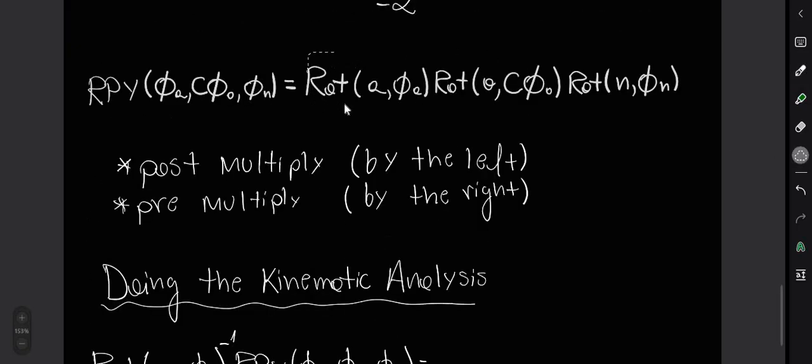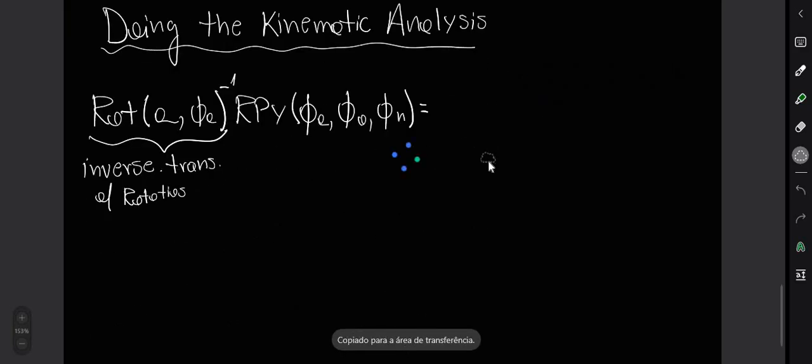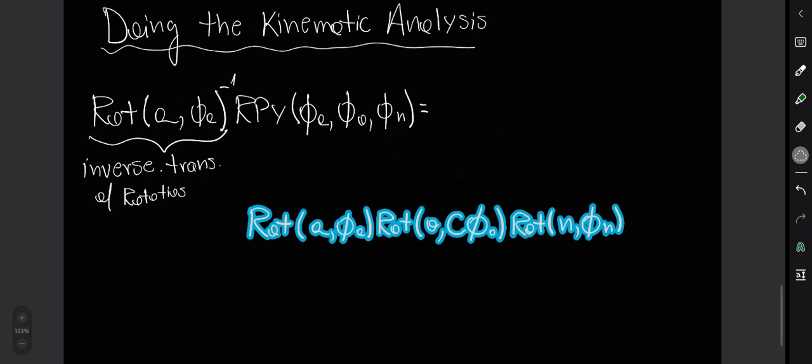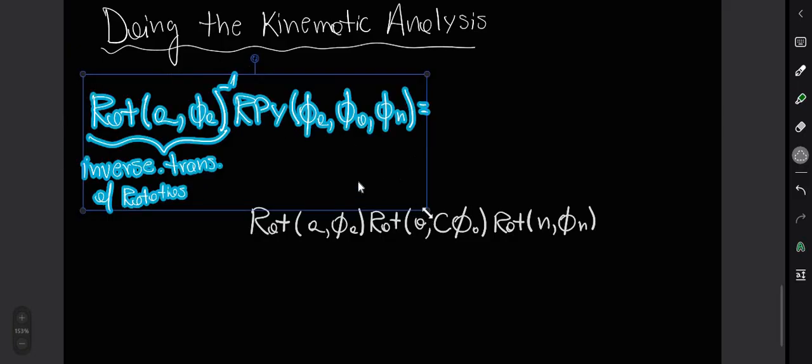Now I will copy this. Let me make this smaller because we need some space.